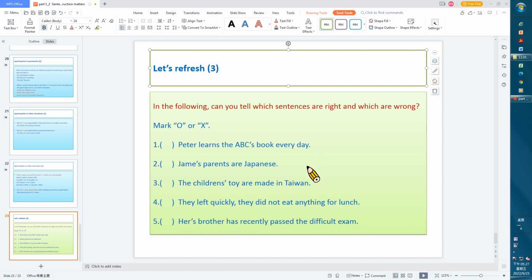James' parents are Japanese. Number 3. The children's toys are made in Taiwan. Number 4. They left quickly. They did not eat anything for lunch. Number 5. Her brothers has recently passed the difficult exam.